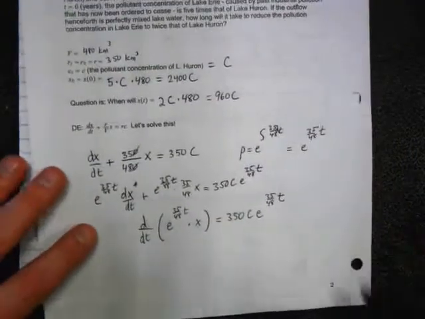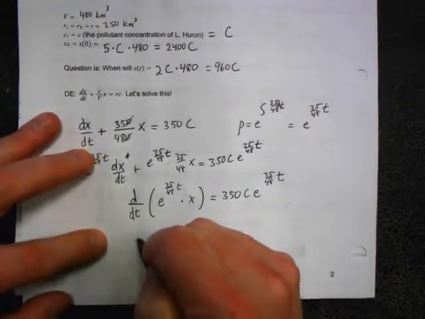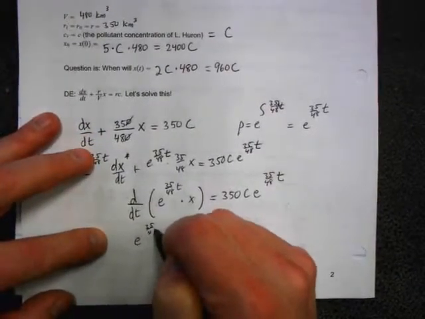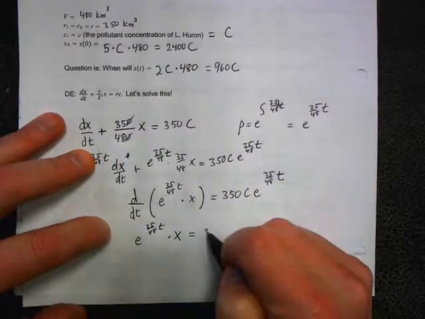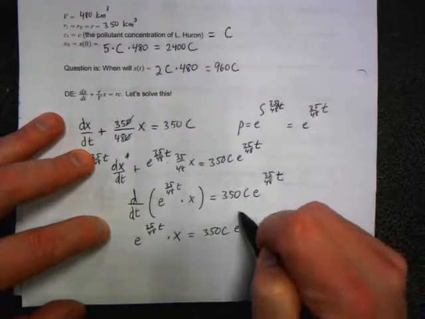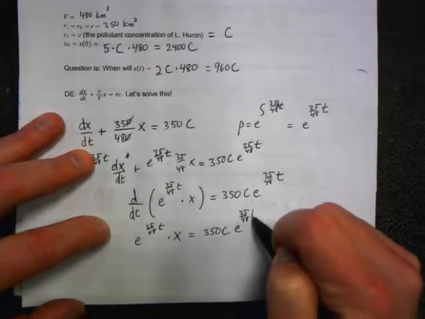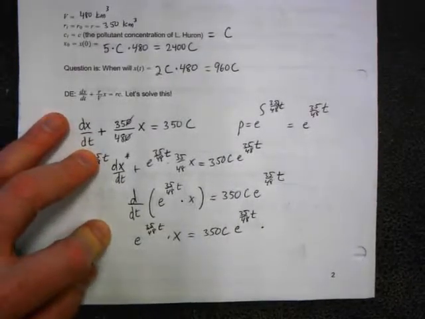Integrate. e to the 35 over 48 t times x equals 350c. I integrate this, I'm going to have e to the 35 over 48 t times something.